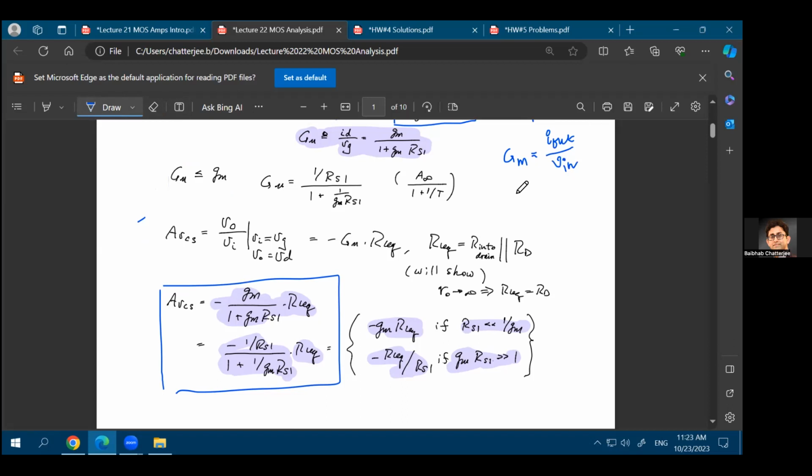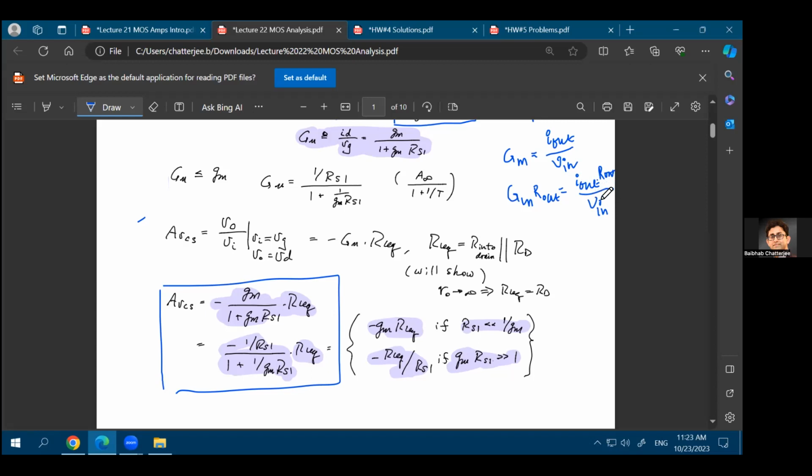Now capital Gm times R out of the entire system will be equal to I out of the entire system times R out divided by V in. So you already have the V in the previous equation.